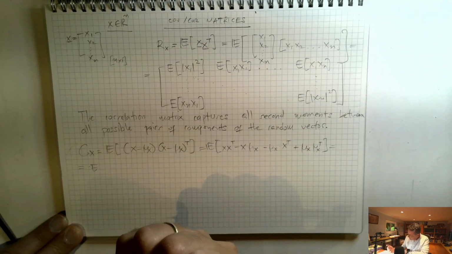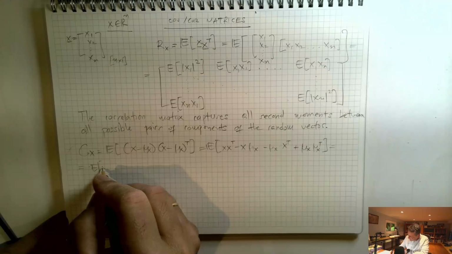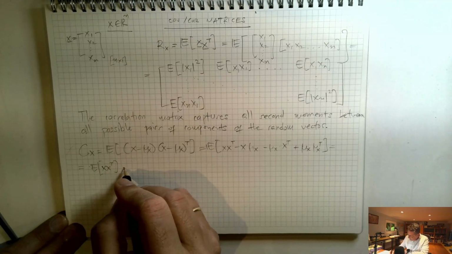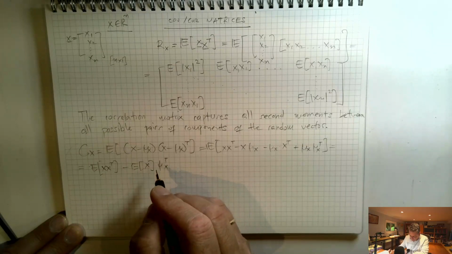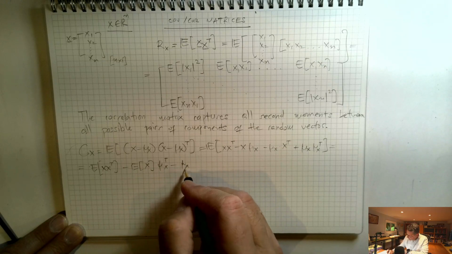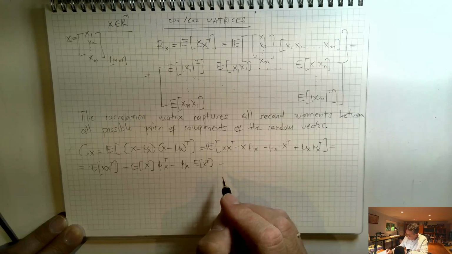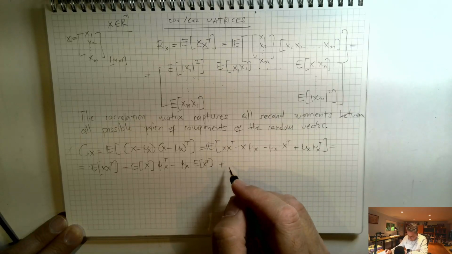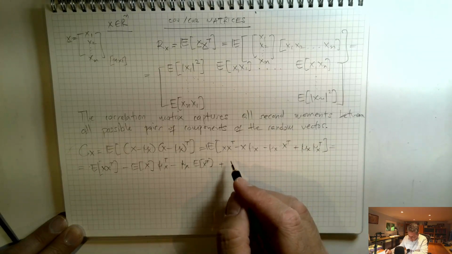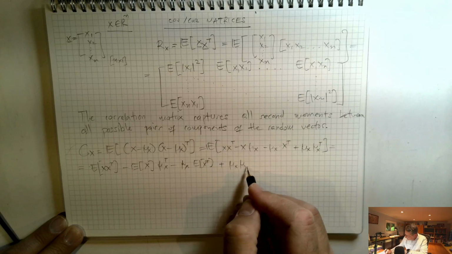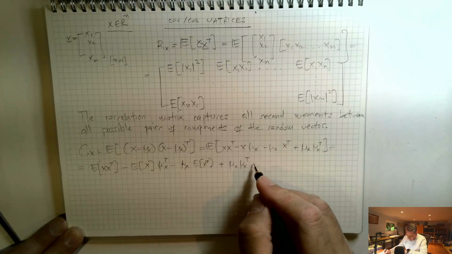This is the expectation of x x transpose, minus the expectation of x times mu x transpose, minus mu x times the expectation of x transpose, plus, well, these are all deterministic numbers, so this is basically mu x mu x transpose.